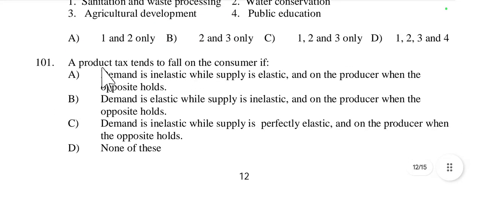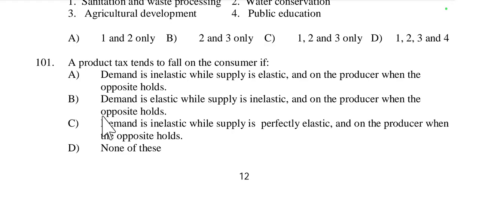Then next question, a product tax tends to fall on the consumer. So the tax falls on the consumer when the consumer has to pay the tax or final burden, when the demand is inelastic while supply is elastic.